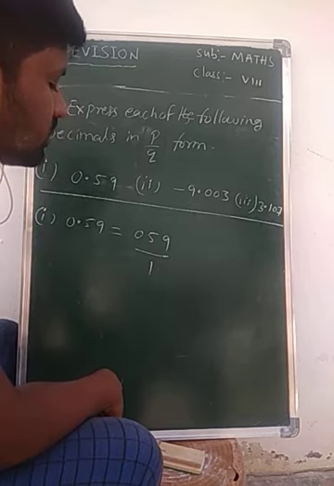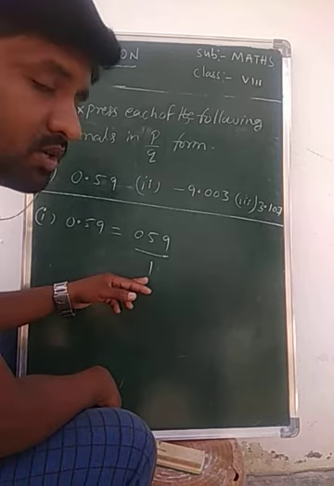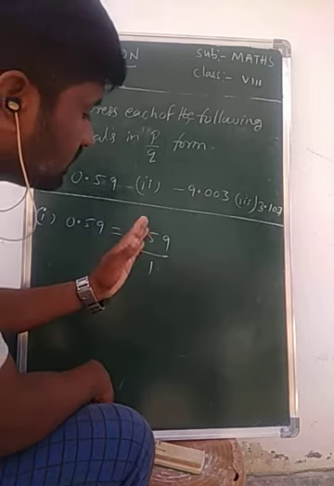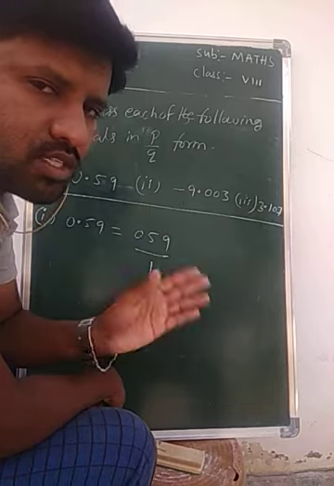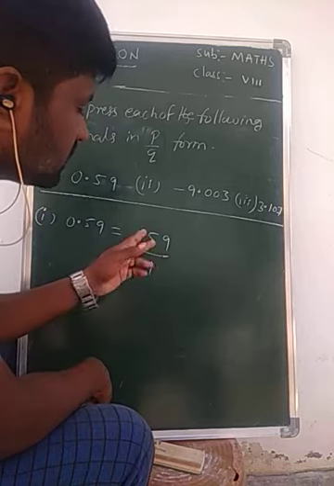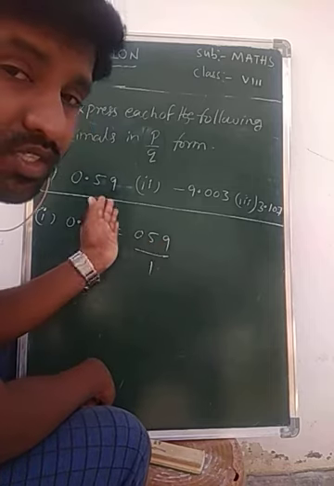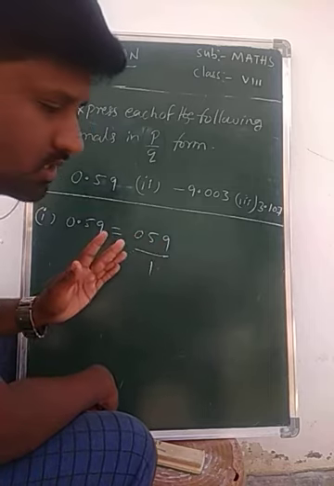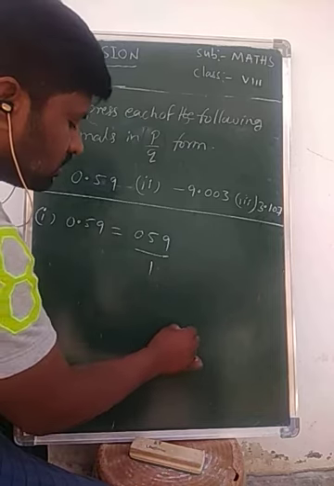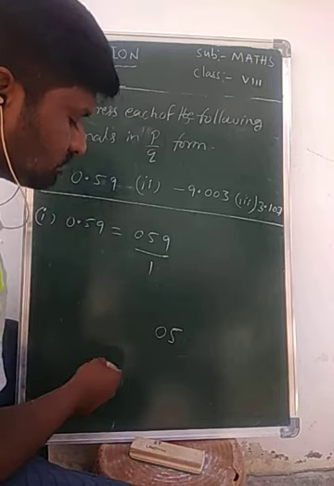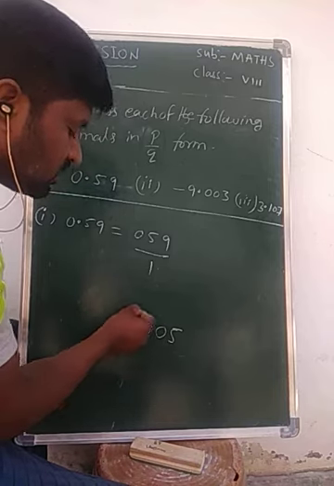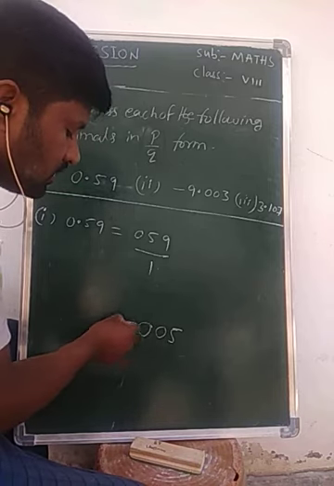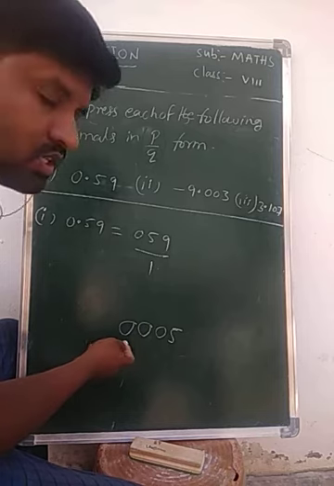Here, a 0 before the digits is not valid and useless also. Yes or no? A 0 on the left side of the digits is useless. For example, a 0 before 5, there is no improvement, it is 5 only. Again I keep another 0, there is no improvement.